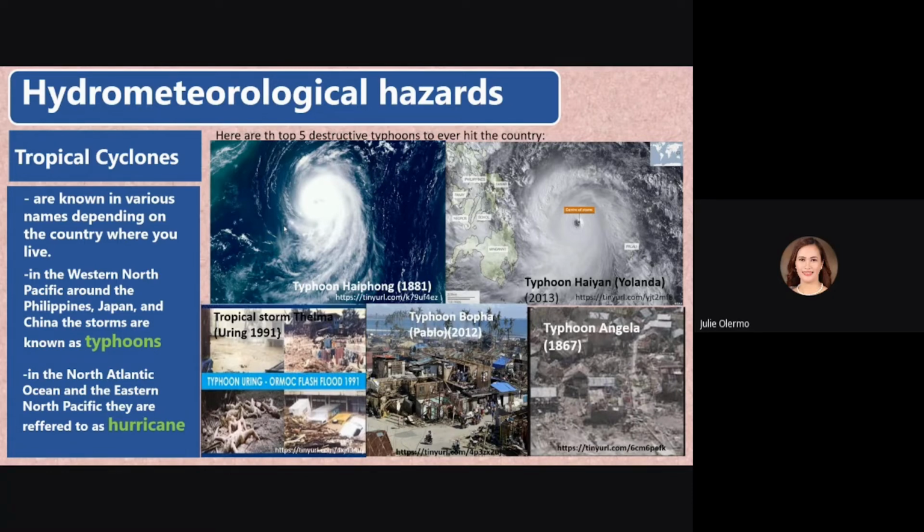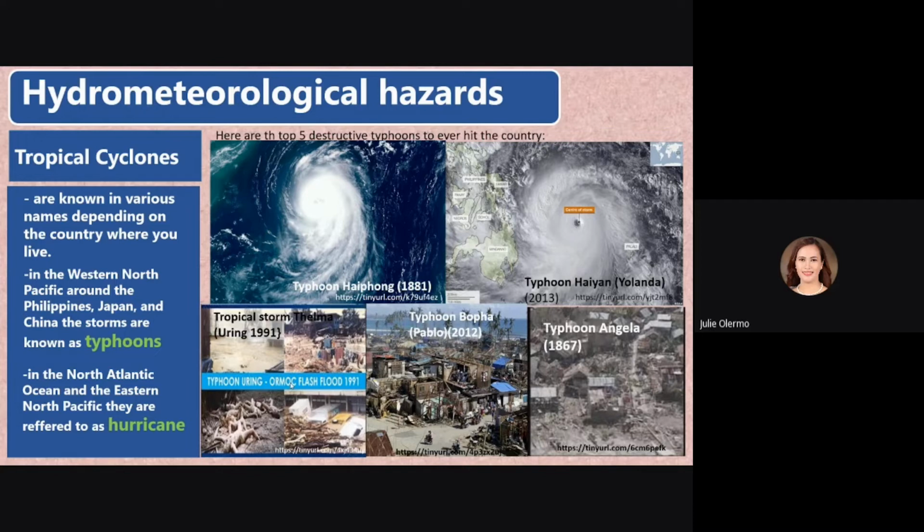The tropical storm Uring, the global name was Thelma, hit Leyte and Negros provinces in 1991 and dumped heavy rains that caused a massive flash flood in Ormoc City. Typhoon Bopha, known as Pablo, struck Mindanao in 2012. Compostela Valley and Davao Oriental provinces were the hardest hit areas, and Metro Manila was submerged in floods from Typhoon Angela in 1867.